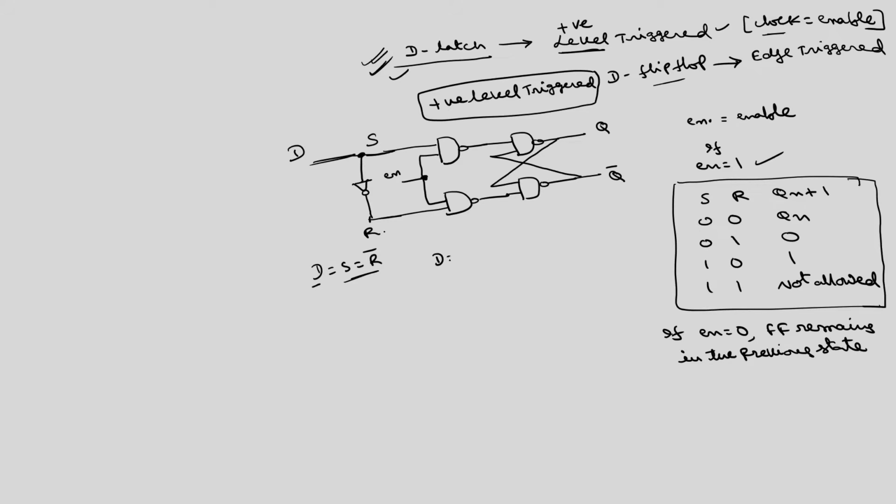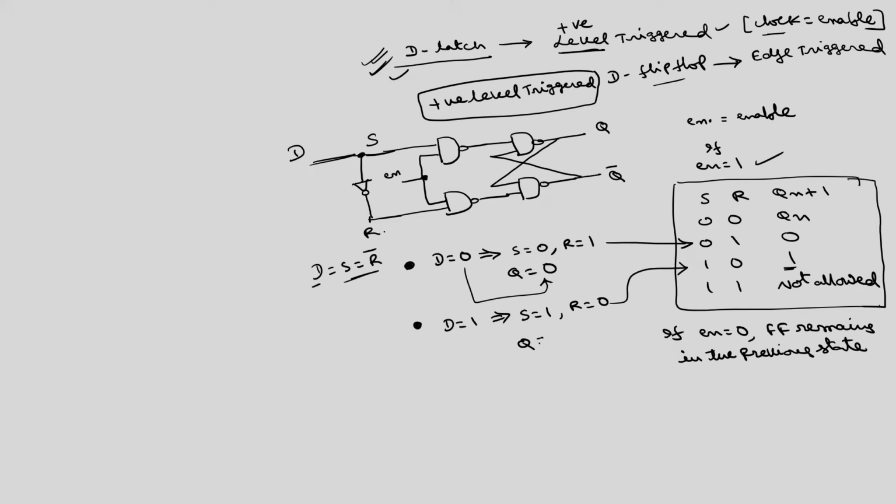When D is equal to 0, that implies S is equal to 0, R is equal to 1, so this corresponds to reset, so Q is equal to 0. Whatever the D is, it is followed to Q. When D is equal to 1, that implies S is equal to 1 and R is equal to 0, which corresponds to set, so output is 1.